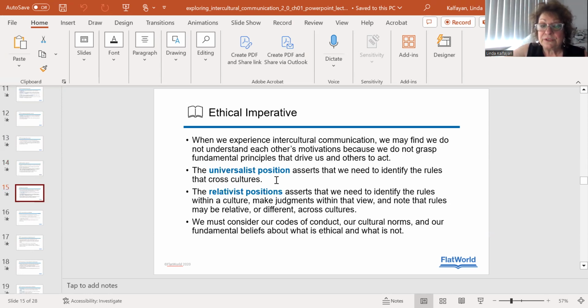So you have the universalist position, which asserts that we need to identify the rules that are cross-cultural, and the relativistic position, which asserts that we need to identify the rules within a culture, make judgments within that view, and note that rules may be relative or different across cultures. So we're going to see which one is more advantageous and more used by American culture or in other cultures. I'm going to end part one here, and then we're going to pick up with the next slide.